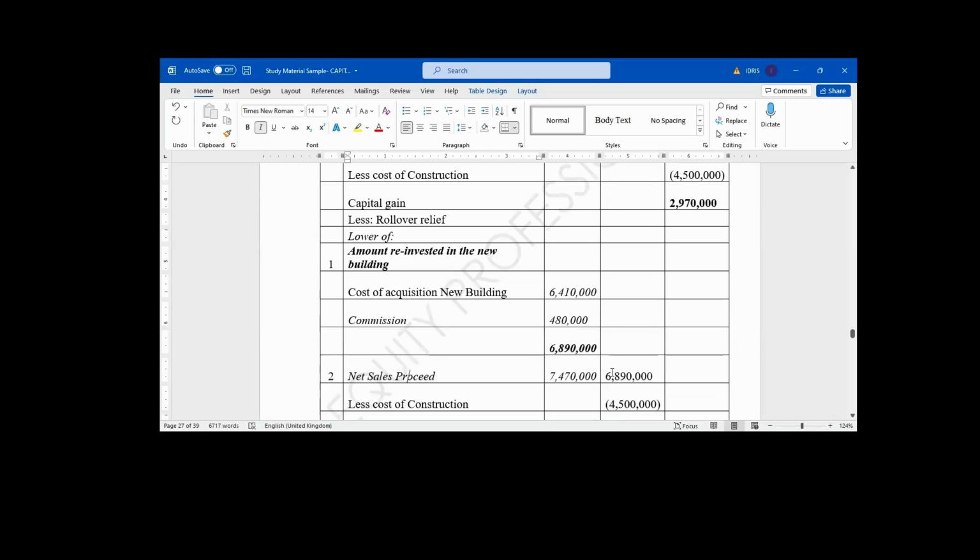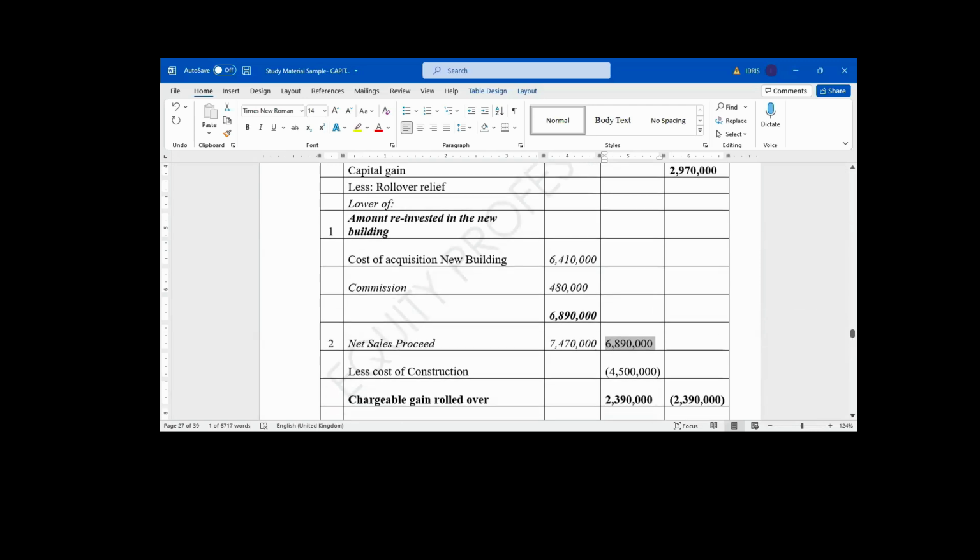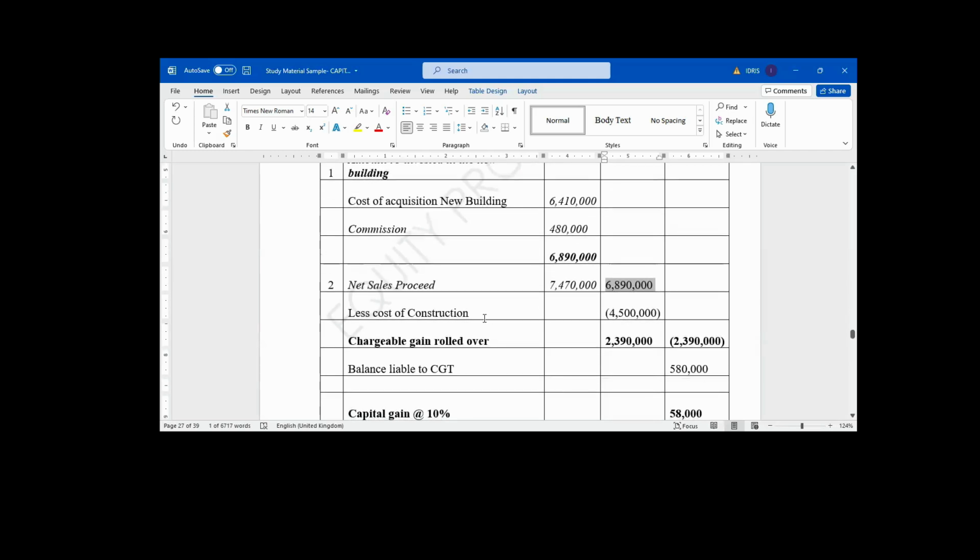That means I'm going to take 6,890,000. Assuming the net sales proceed were lower, I would take it. But since 6,890,000 is lower, I take it. I will now less the cost of acquisition of the old asset from it, and my rollover amount is 2,390,000.